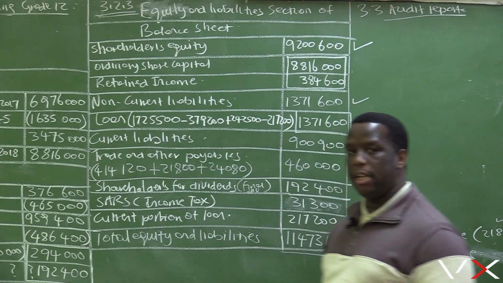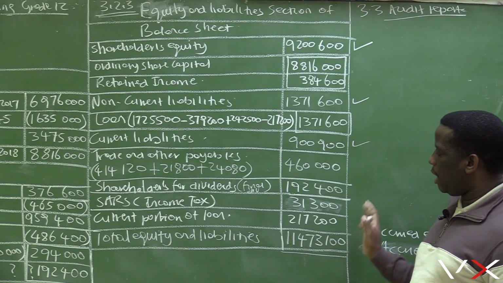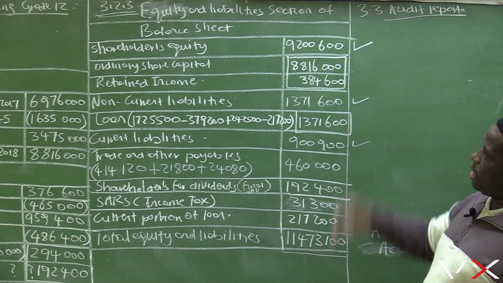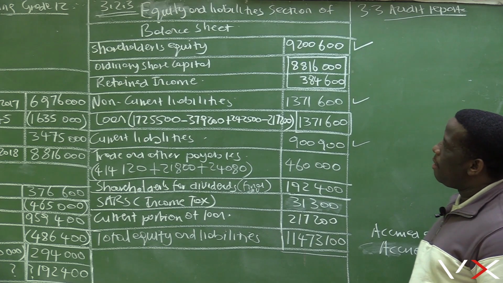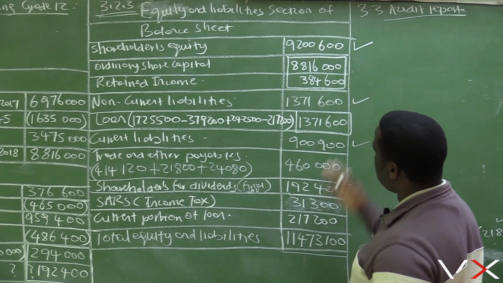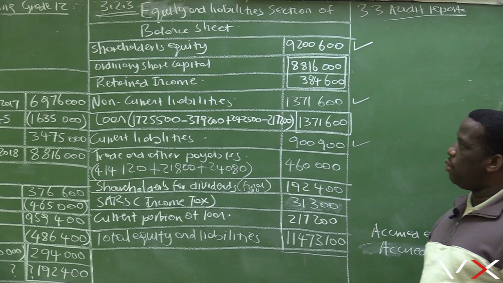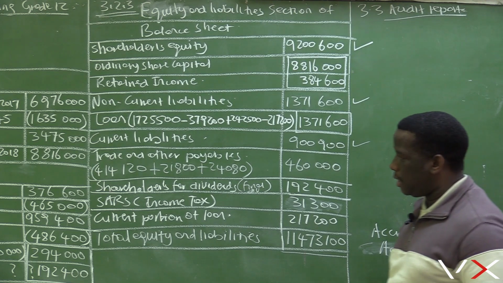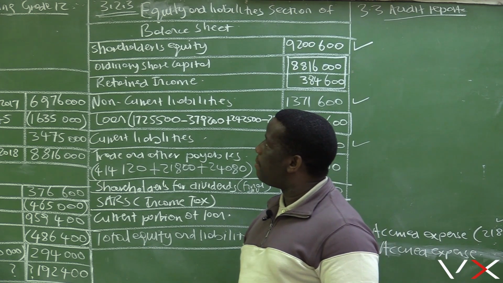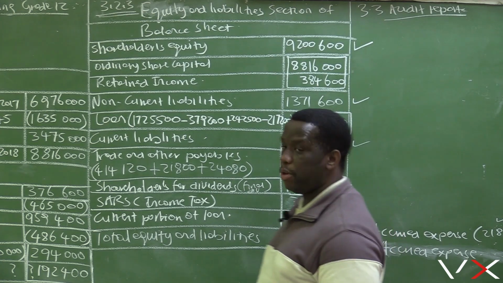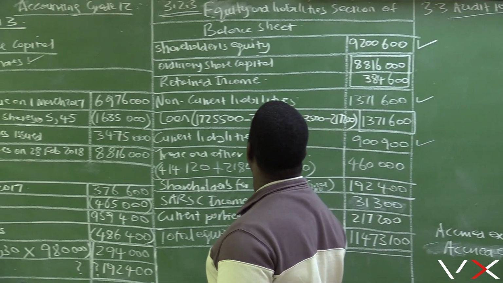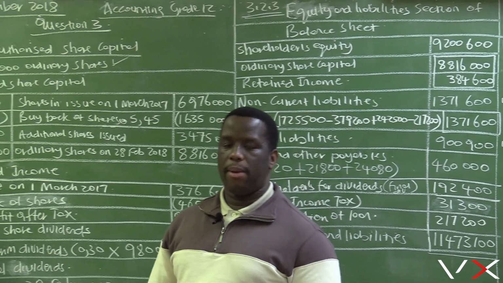So that's the total equity and liabilities, and the total equity and liabilities should be the same as the total assets, but in this activity we were only required to do the equity and liabilities section. So this then brings us to the conclusion of 3.2.3, the equity and liabilities section of the balance sheet.